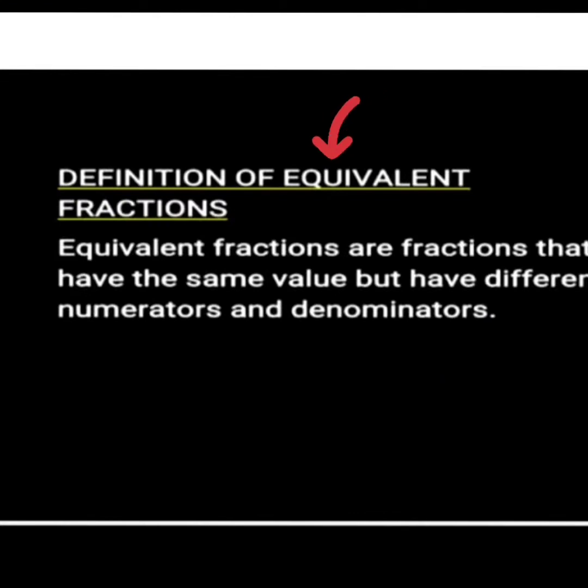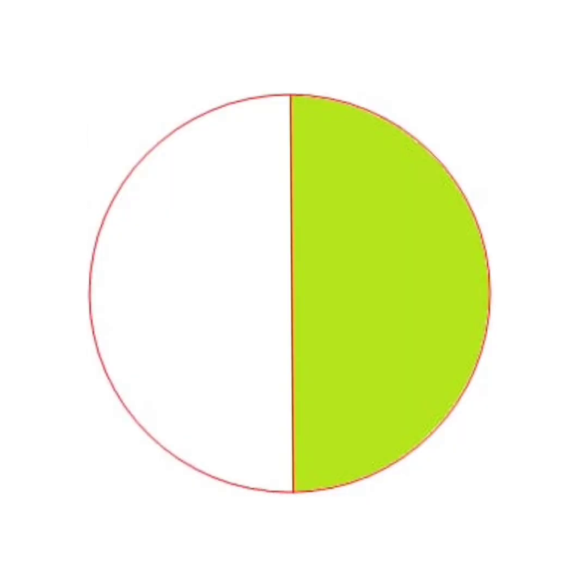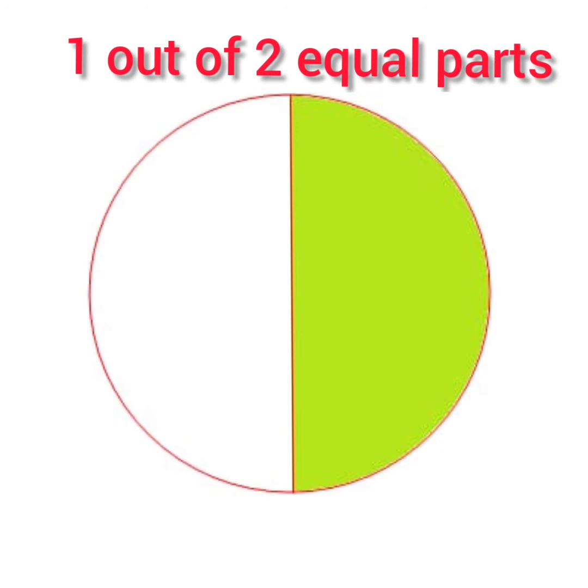What are equivalent fractions? Equivalent fractions are fractions that have the same value but have different numerators and denominators. Let us see what I mean. This represents 1 out of 2 equal parts. So in terms of fraction, I can write 1 upon 2.